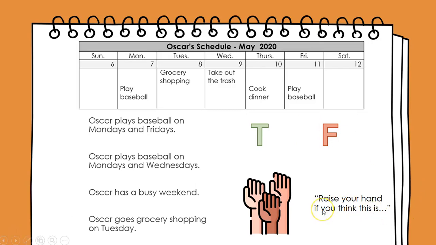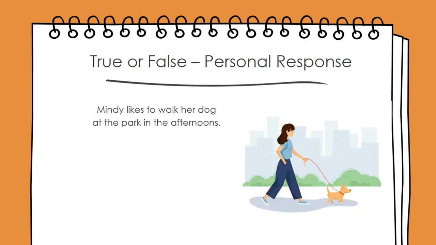Or raise your hand if you think this is true. Okay, put your hands down. And then who thinks this is false? Raise your hand if you think this is false. And so show of hands. So it may not be a written response. They may be able to do this as a listening exercise. So, good.